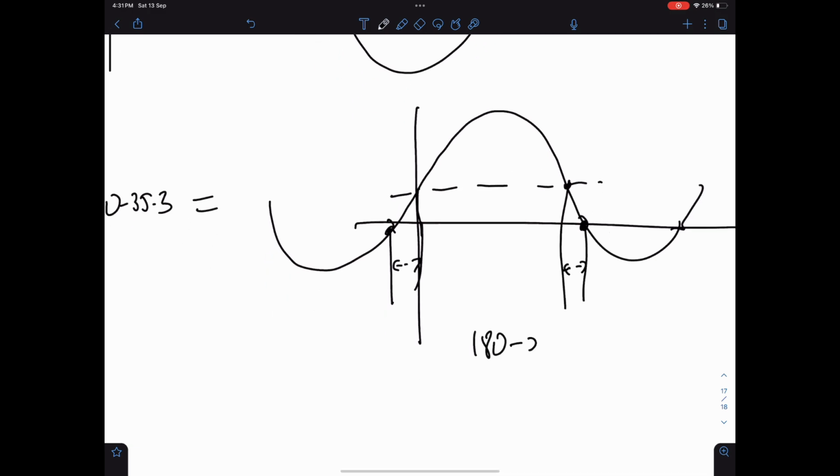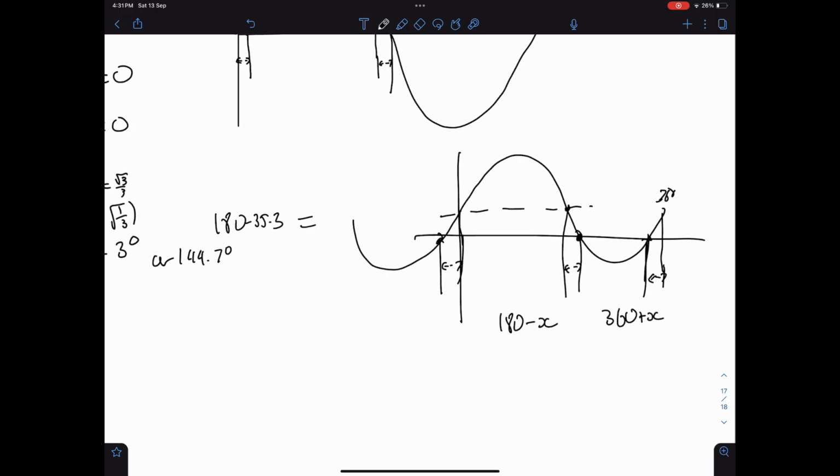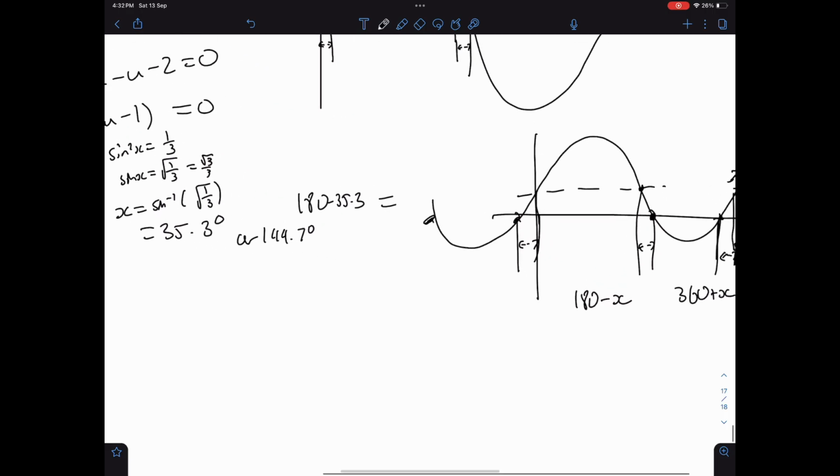So you'd still do 180 minus x for the first one, but then you'd have to do 360 plus x for the other one, because again, same distance here. So you just do 360 plus that negative value to get your second solution. And then again, that may not be the domain you want. It may want the negatives, in which case you do the same for the negative side.